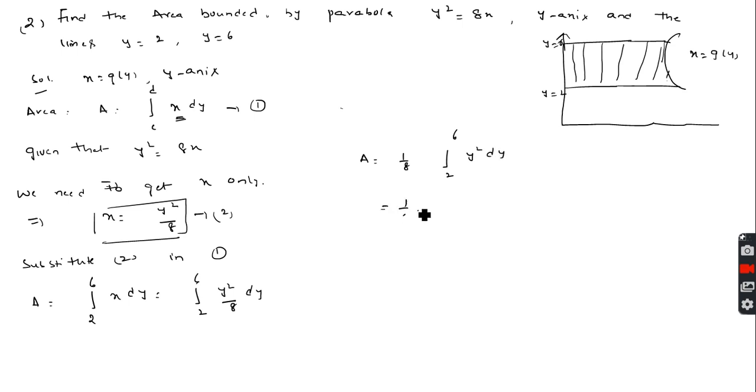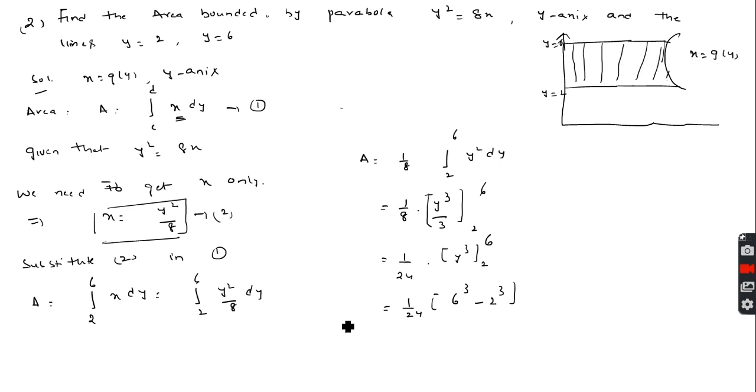So therefore 1 by 8 into the integration of y power n, that is nothing but y cubed by 3, from 2 to 6. We get 1 by 24 into 6 cubed minus 2 cubed, upper limit minus lower limit.